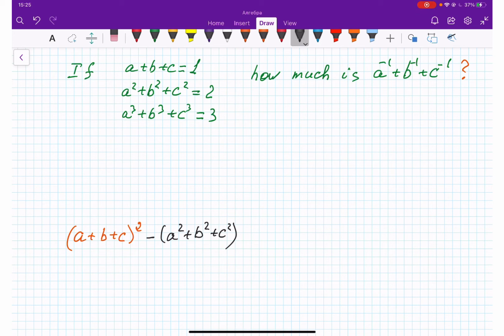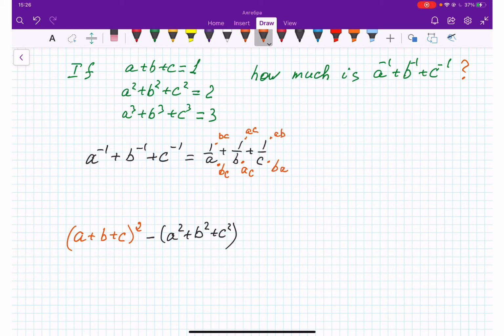So, we know that a to the negative 1 plus b to the negative 1 plus c to the negative 1 is equal to 1 over a plus 1 over b plus 1 over c, right? If I bring to common denominator, which is going to be ABC, so here we multiply by BC, here we multiply by AC, here we multiply by AB. It doesn't matter BA or AB, right?